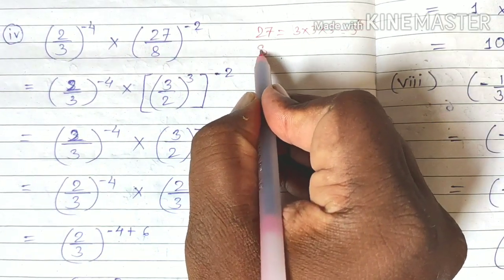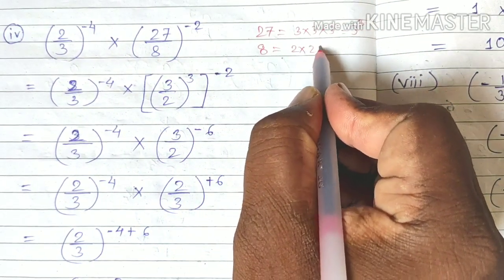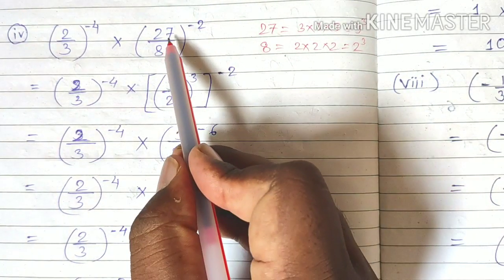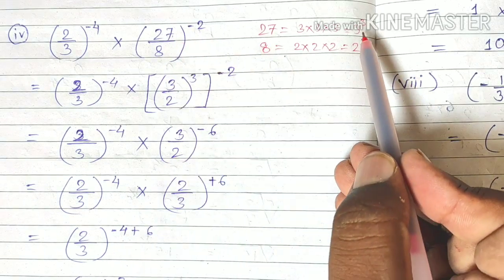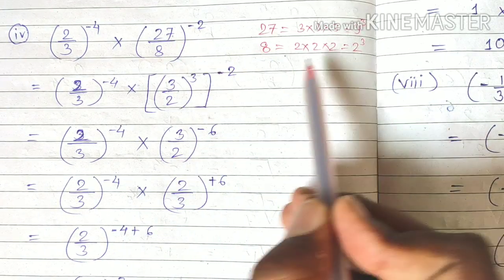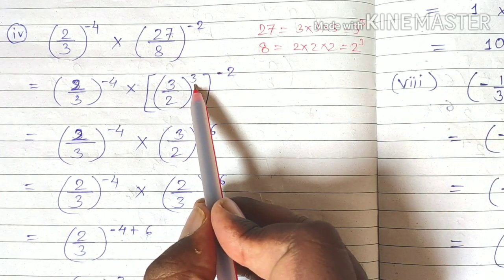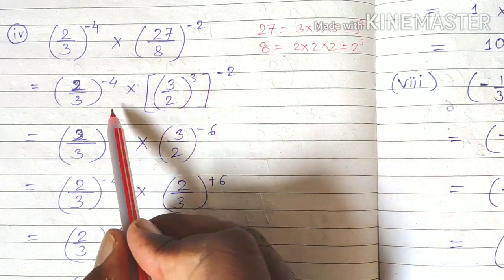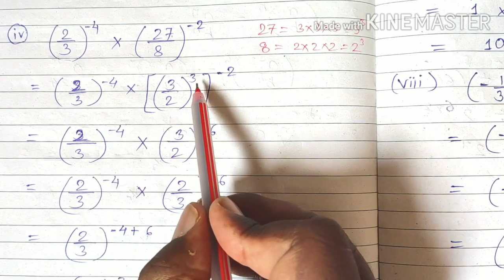And similarly, this 8 can be written as 2 into 2 into 2. That means 2 raised to 3. Got it? So this 27 upon 8 can be written as 3 by 2 whole cube, raised to minus 2. Got it? So the first number remains the same as it is.